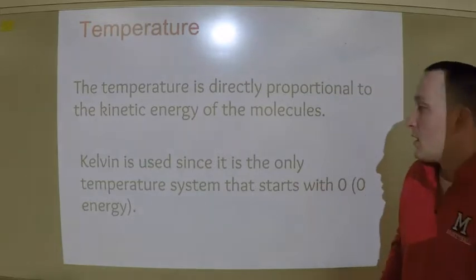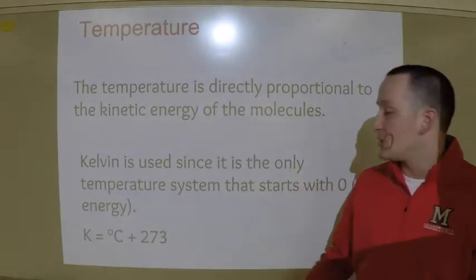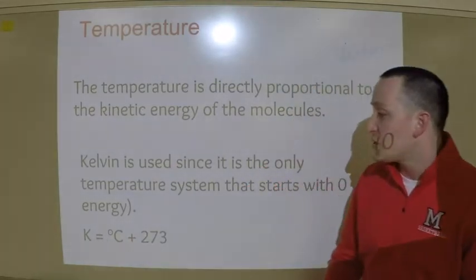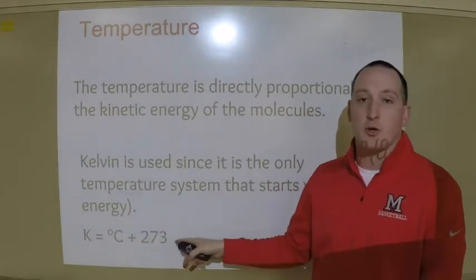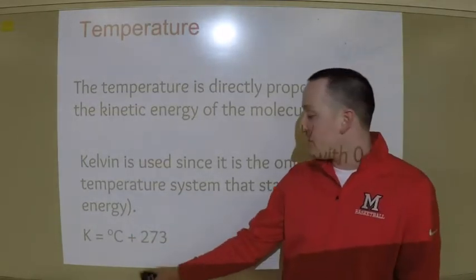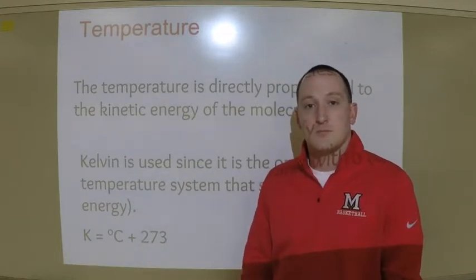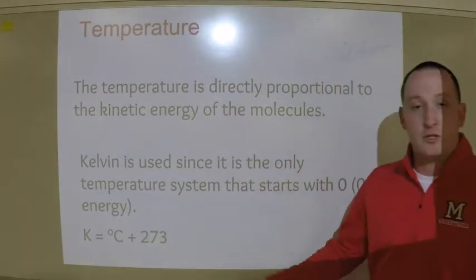All right? So here is the conversion. Typically you'll be either given temperature in Celsius or you'll be given it in Kelvin. So in order to change from Celsius to Kelvin, you just use this simple equation. If you're given your Celsius temperature, all you do is add 273 to your Celsius temperature, and you've got your Kelvin.